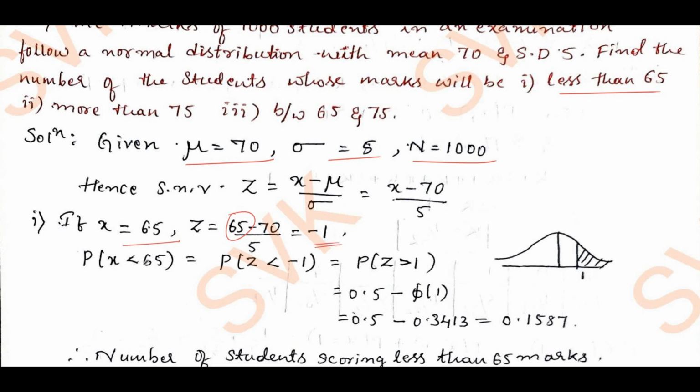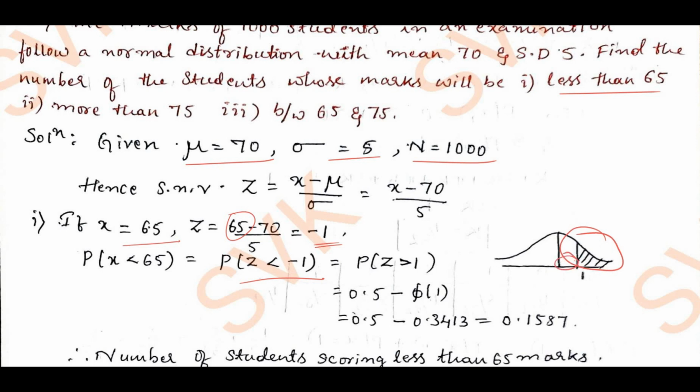So the probability of x less than 65 is nothing but the probability of z less than -1, which, as it is symmetric about the mean mu equal to 0, we can write as the probability of z greater than 1. So this is 0.5 minus phi of 1.